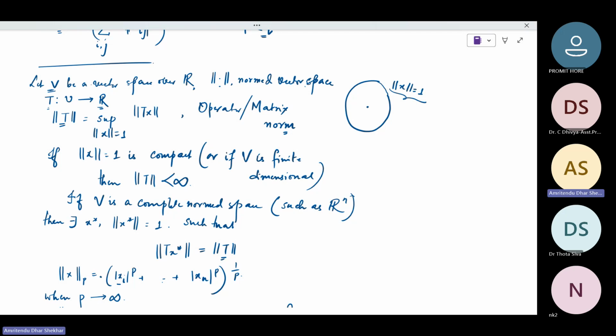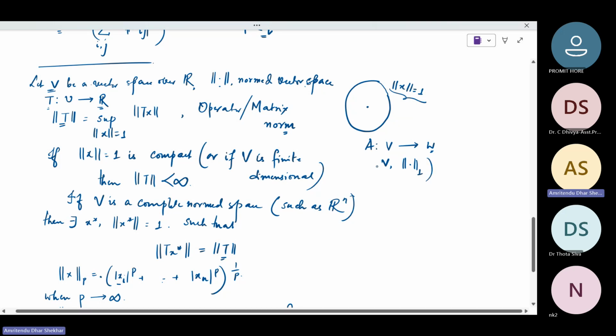Sometimes it is possible that the matrix A need not be a square matrix per se. It can be a rectangular matrix. So in general, you could have the map from some vector space V to some vector space W. But V and W may have different norms. So V could be this, and W could be this.